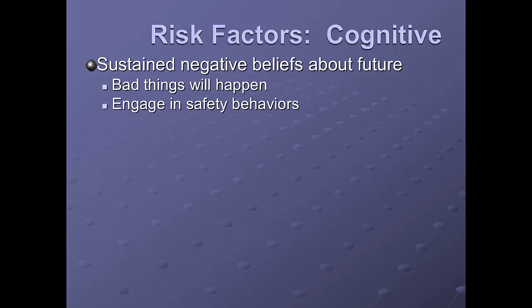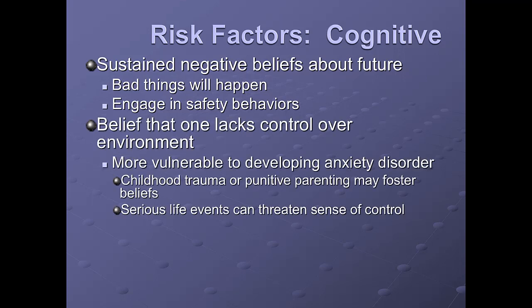Any sort of belief that one lacks control over their environment is another cognitive risk factor that can predispose a person for an anxiety disorder. If a person believes that they cannot control their own destiny or their own environment, they are more vulnerable to developing an anxiety disorder. Childhood trauma or punitive parenting may foster these sorts of beliefs.